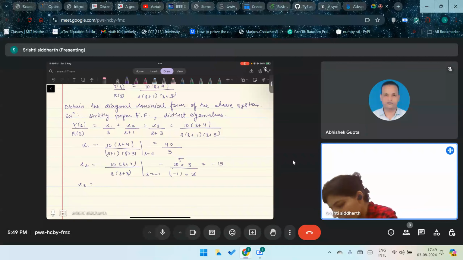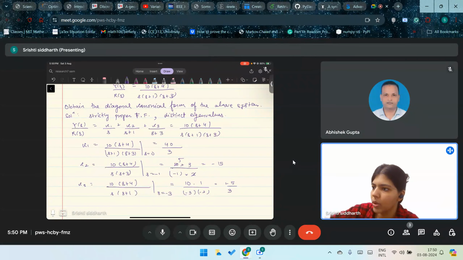We have C3 equals 10 times s plus 4 upon s, s plus 1 evaluated at s equals minus 3. So this is going to be just 10 upon minus 3 times minus 2. So we have plus 5 over 3.